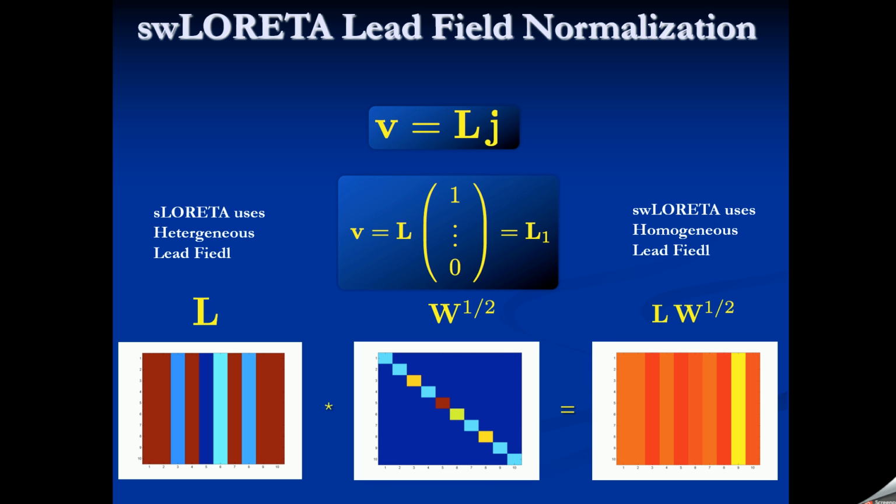Essentially, you have a heterogeneous lead field in the lower left, that's L. And then there's a weighting matrix using singular value decomposition that you use to weight each of the voxels so that you get what you see in the lower right, which is a homogeneous lead field, because you've now weighted the initial heterogeneous lead field with this matrix to cause it to become homogeneous.